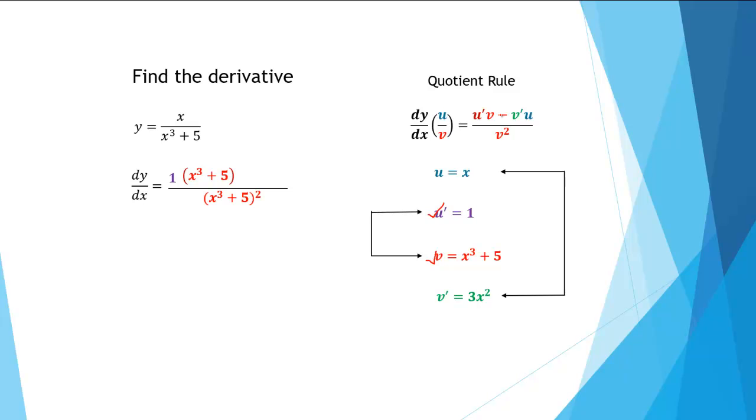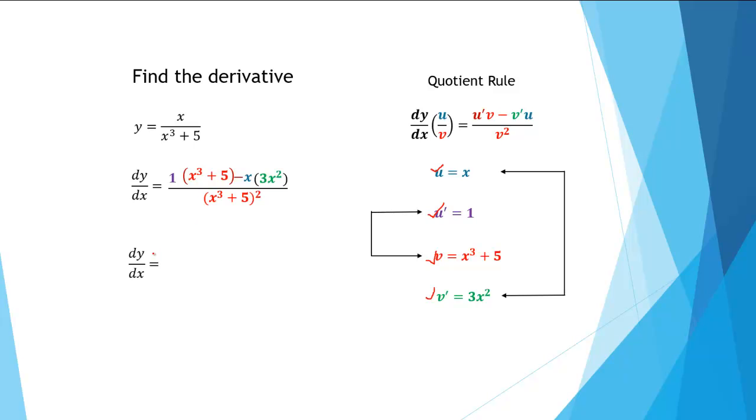Following the quotient rule, we have minus v prime. We see that v prime is 3x squared, and we see that u is x, so we have minus x times 3x squared. So now we'll simplify the numerator.